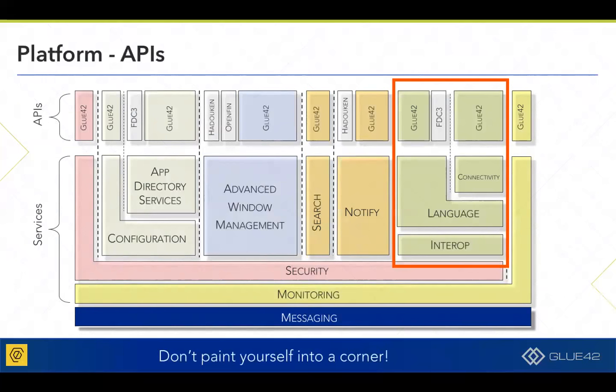So I see advanced window management, having that flexibility using the workspaces, using OpenFin's interop layers so that you can message other OpenFin applications or other things that are running in their environment.